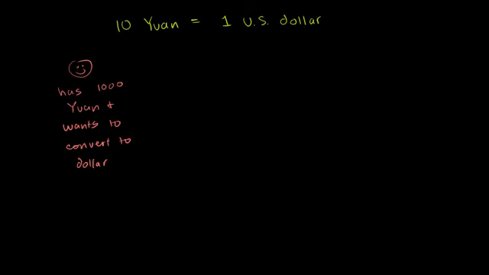But let's say you have two other actors over here. And obviously, these markets involve many, many more than just three people, but this will help us simplify, or at least understand how these exchange rates would work. Let's say that this person right over there has $100 that he needs to convert to yuan.